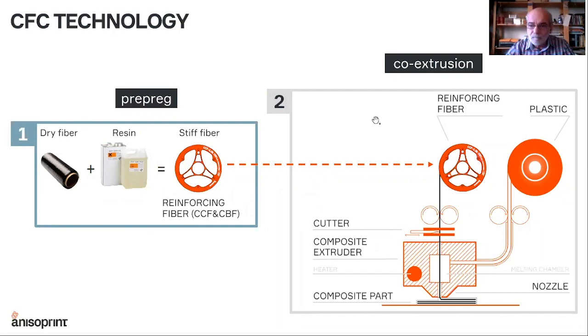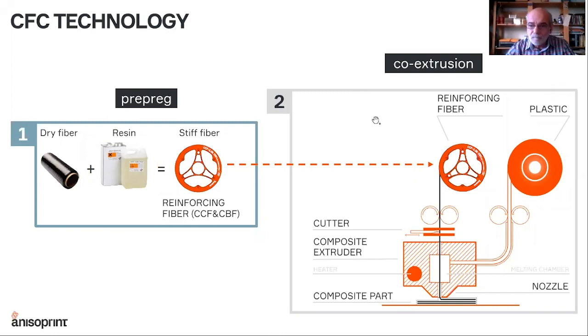And so there are two interfaces. One interface is between the fiber and the resin, and the second interface is between the resin, the thermoset, and the thermoplastic. So there is no actual interface between fiber and thermoplastic.